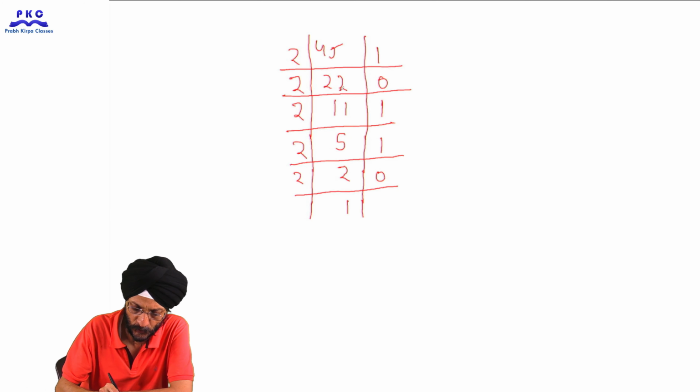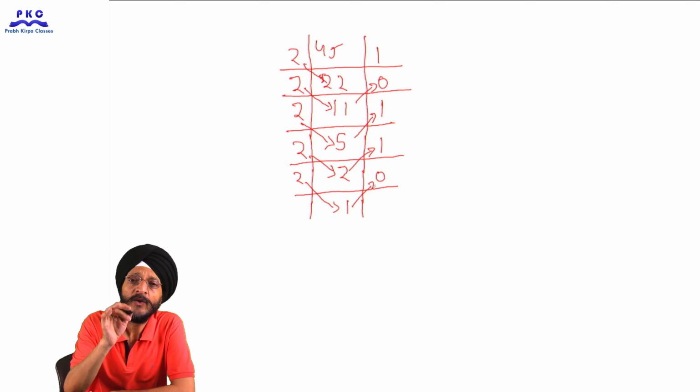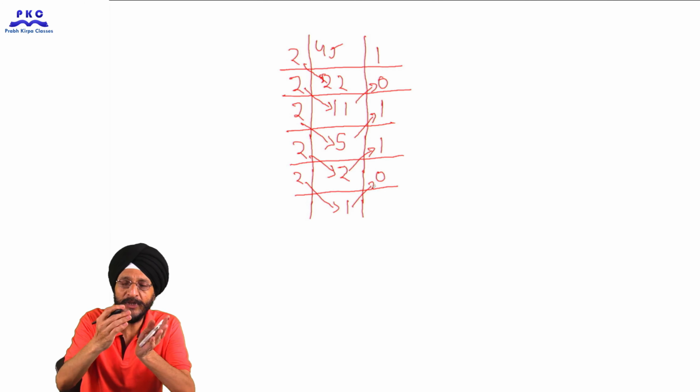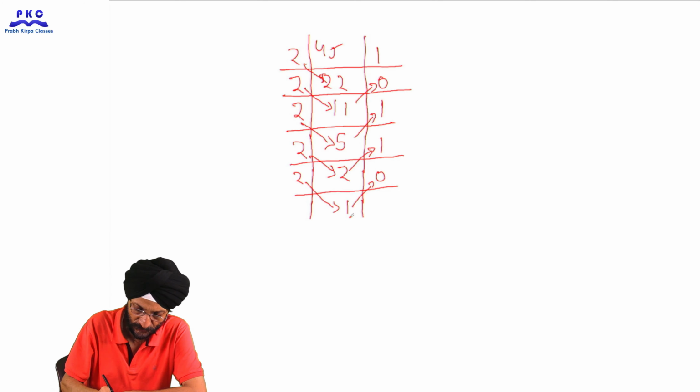45 has been divided by 2. 2 multiplied by 22, the remainder is 1. 2 multiplied by 11, the remainder is 0. 2 multiplied by 5 is 10, the remainder is 1. 2 times 2 is 4, plus 1. 2 times 1 is 2, remainder 0. So we will go on doing this exercise until we get 0 or 1 at the last. Here we have got 1 at the last.